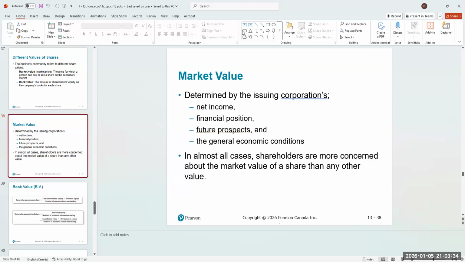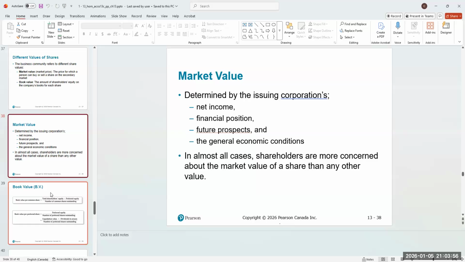So sometimes you have to be careful when making decisions about buying or selling shares. Yes, you have to follow the market, but you also have to have your own judgment. That means you have to see the whole picture. That's for the market value.